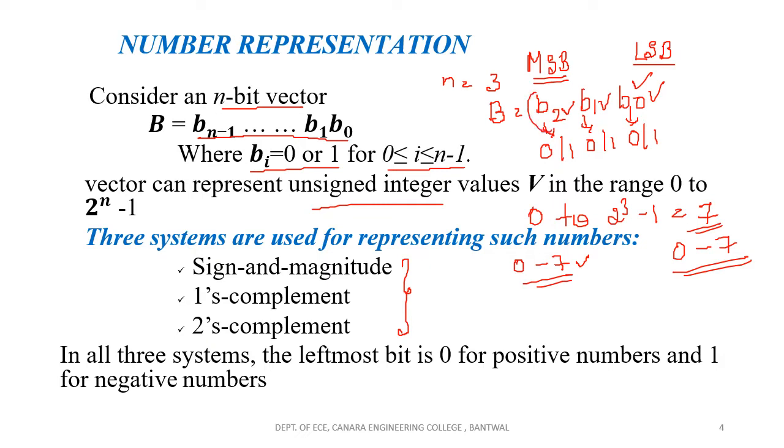The MSB represents the sign: if the number is positive, the MSB is 0, and if the number is negative, it is 1.